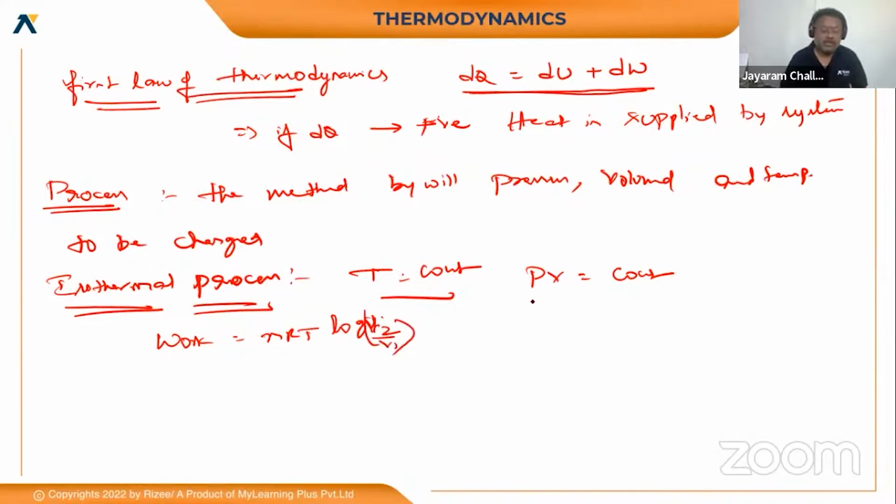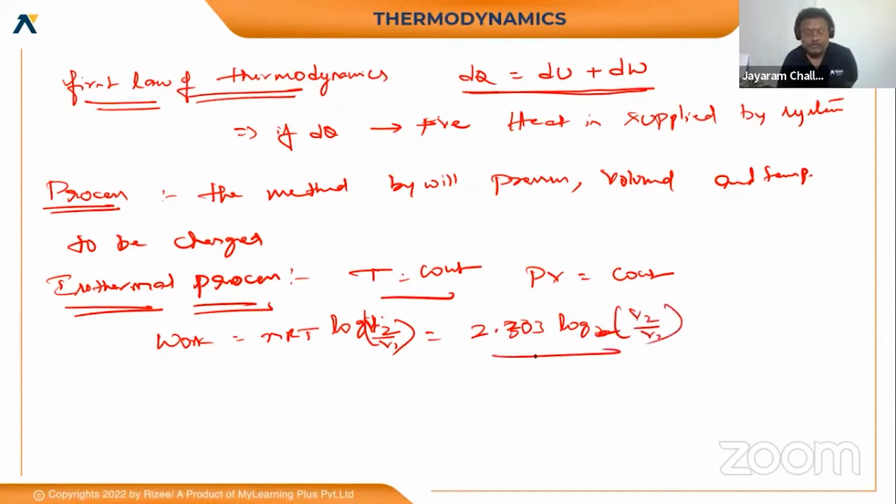Or if I want to change it to log base 10, it is 2.303 into log of V2 by V1.